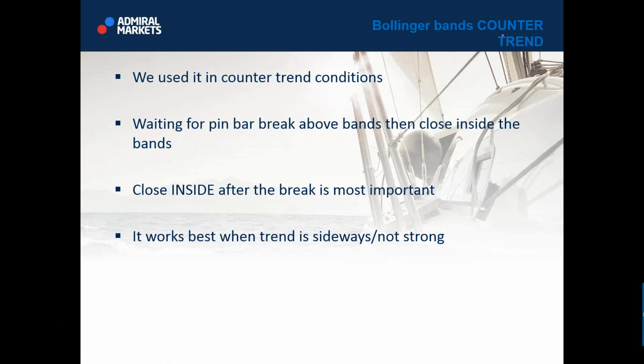Okay, so it's actually called counter trend, and the principle of counter trend Bollinger Band trading and analysis is close outside, close inside. Okay, and it works best when the trend is sideways, when the trend is not strong. Okay, that is the time when it works the best.